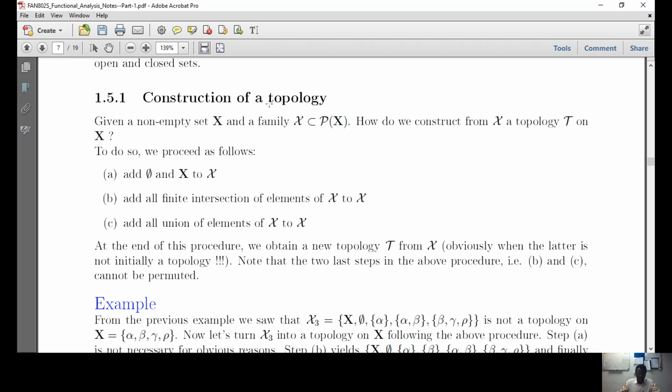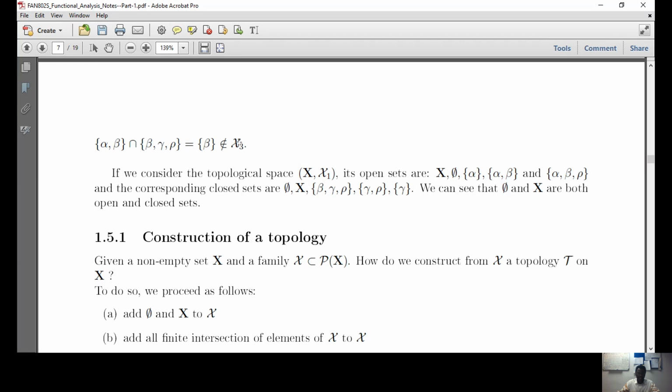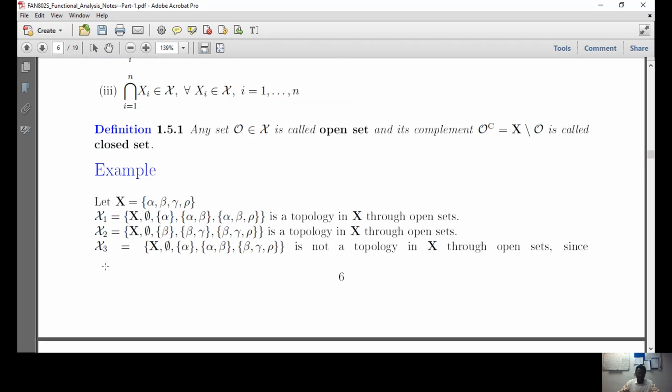Okay. Construction of a topology. If you remember, with X, X3, we saw previously that this one was not a topology in X through open sets. But we can use this to construct one, right?